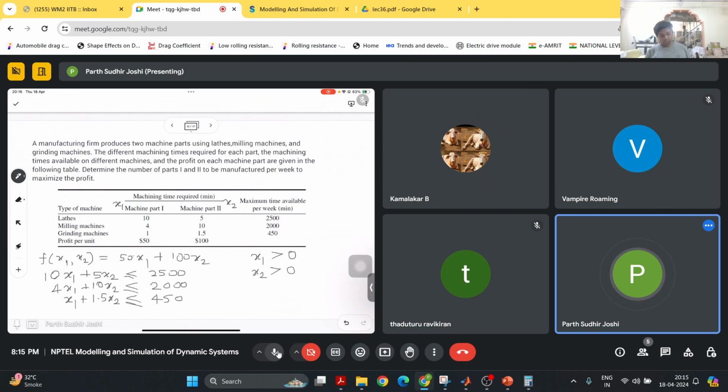So we can plot these equations on a 2D plane, because the constraints are in two variables, and the objective function is also in two variables.